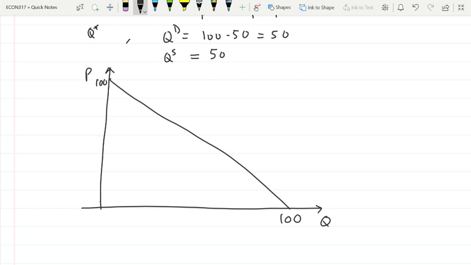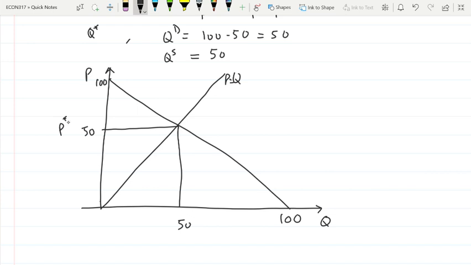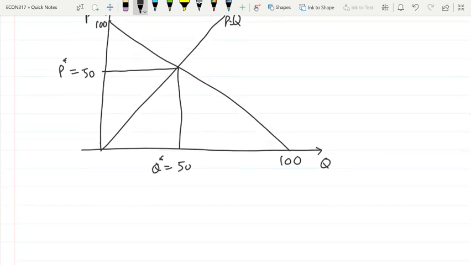That's my linear demand, downward sloping, and then I will draw my supply, again straight line, price equal to the quantity. As we have seen in the algebra, the quantity turns out to be 50 units and the price also turns out to be 50 units. So now this is our equilibrium outcome. I will call it P star, quantity to be Q star.